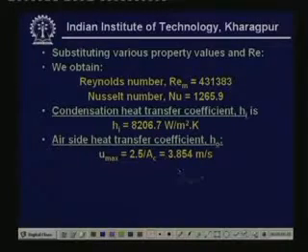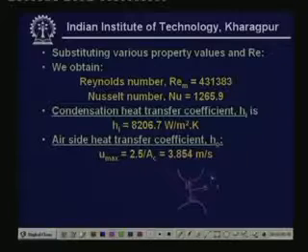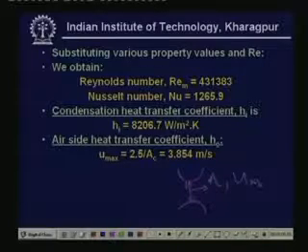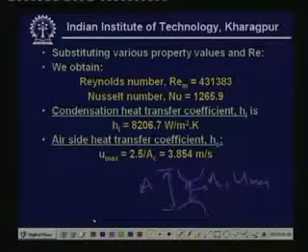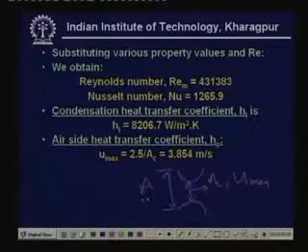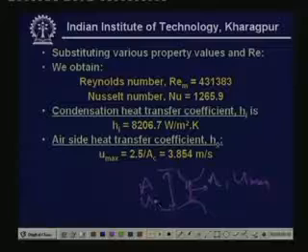Let us say that you have two tubes here, and this is the minimum flow area AC. At this point the velocity is u max. Let us say this is the face, where you have the face area, or area between two tubes, and you also know the face velocity.